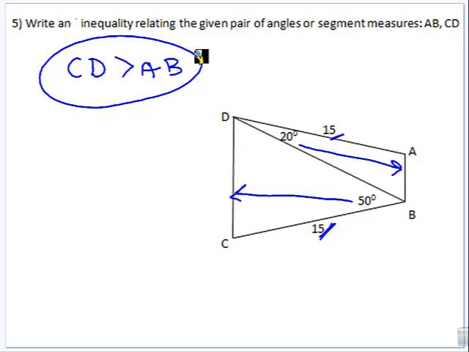And that's all for this one because we don't have any measurements. You're only going to do the related math if it tells you to find the range of values for something.